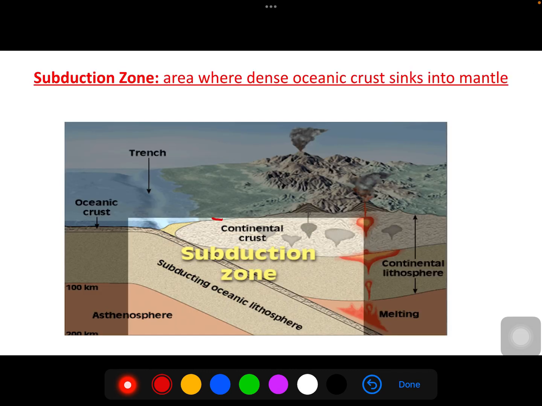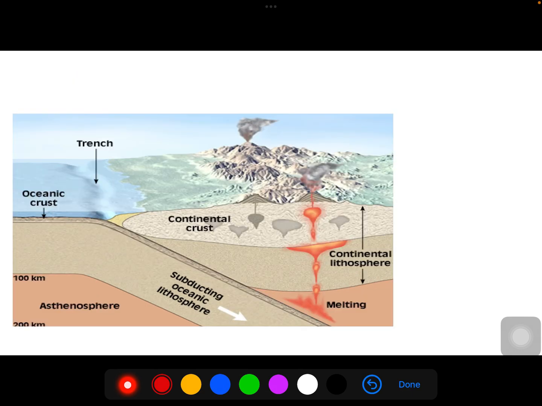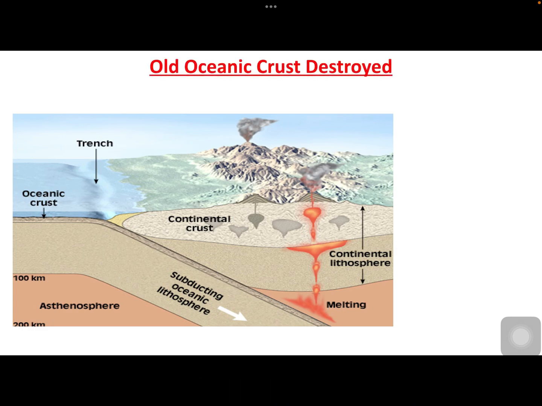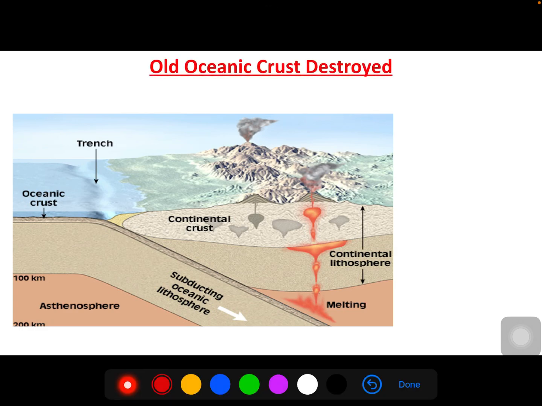Okay, this area in here would be called the subduction zone. Just where the one plate is sinking underneath the other plate and going into the mantle. Okay, what happens to this old crust is it's going to melt and it's going to get destroyed.